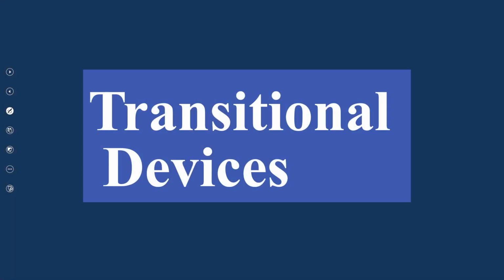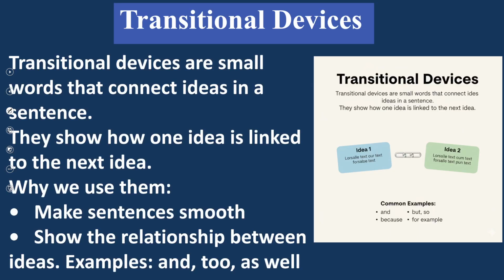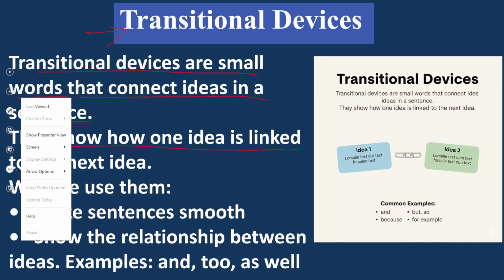The title of today's topic is transitional devices. You know very well, what are transitional devices? Transitional devices are small words that connect ideas in a sentence. They show how one idea is linked to the next idea.